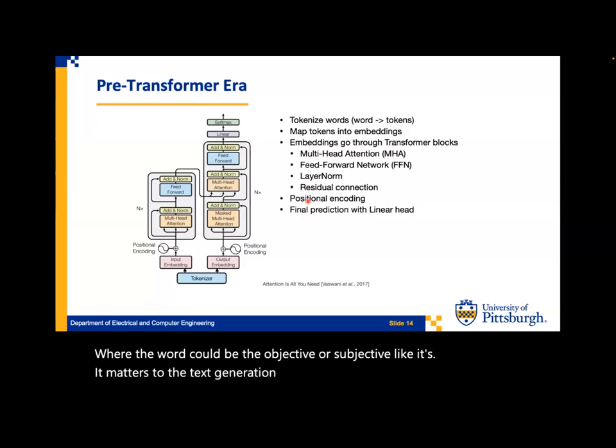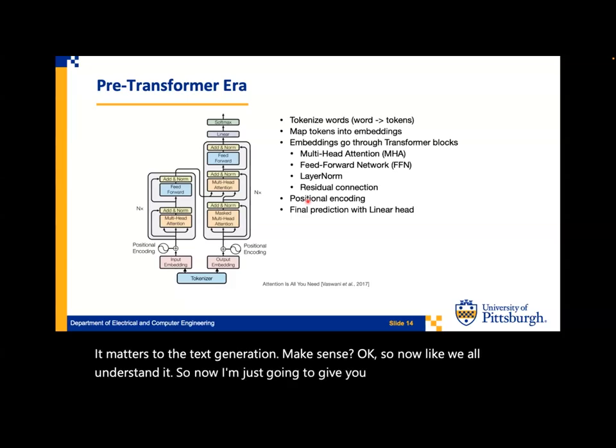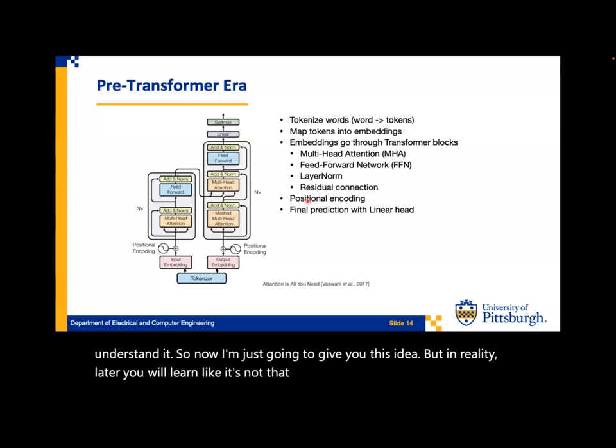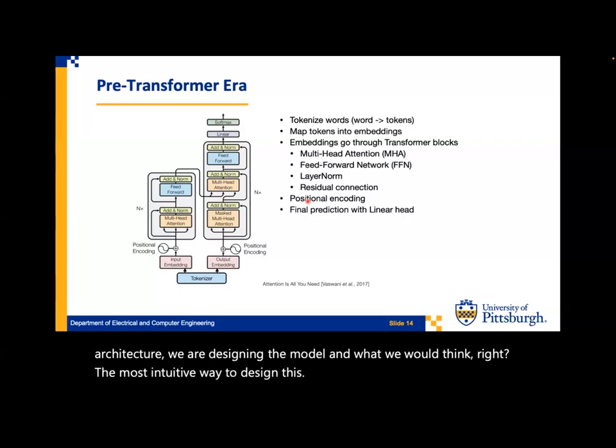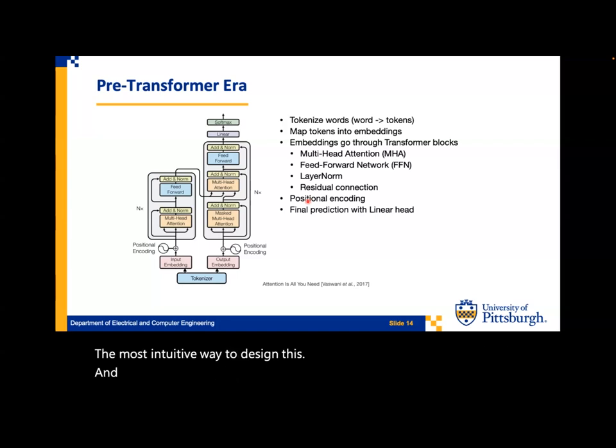So now I'm just giving you this idea, but in reality, later you will learn it's not that simple. But let's say we were the architects designing the model, what would be the most intuitive way to design this? After adding the positional encoding, each token has its unique embedding.